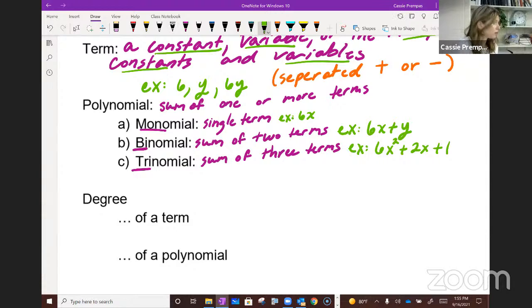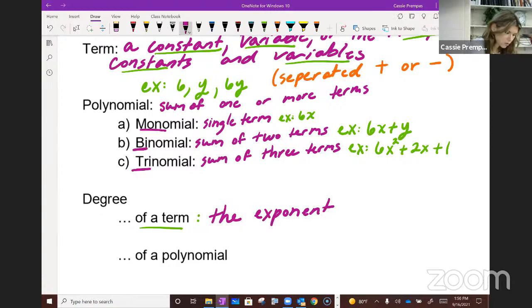That would be a binomial. Yeah, you could add that as an example. So the degree of a term is the exponent of the term's variable.